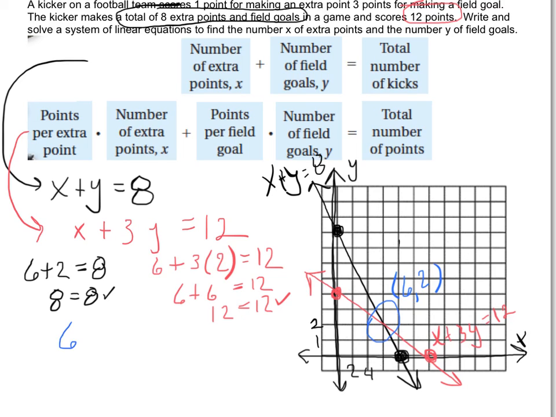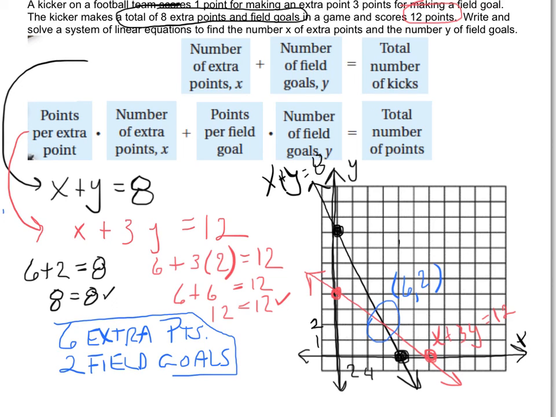So we did 6 extra points. And 2 field goals. And that's how we can use a system to solve that problem.